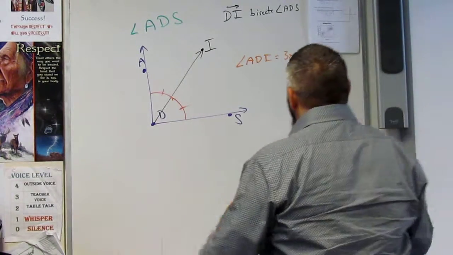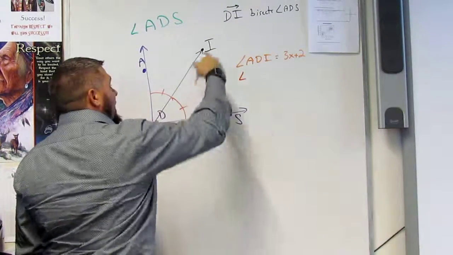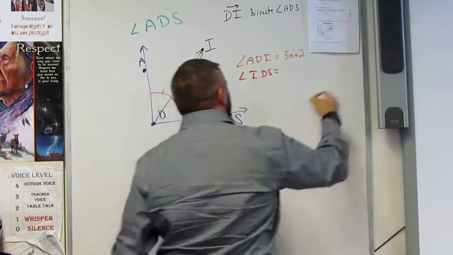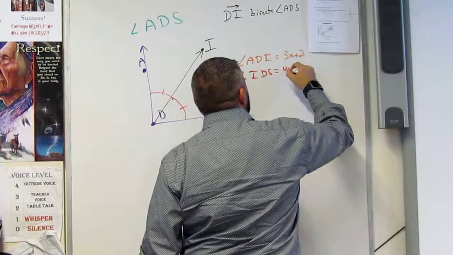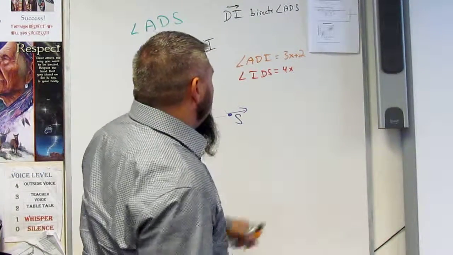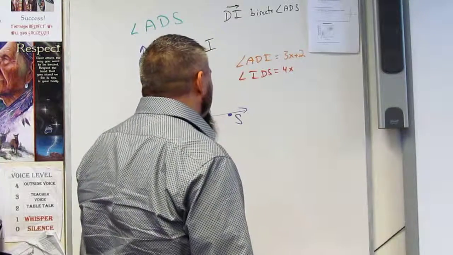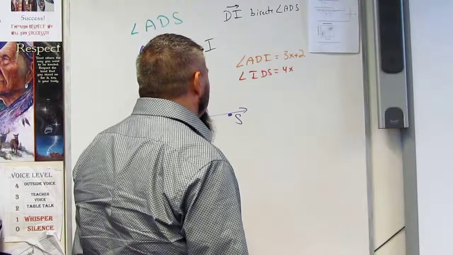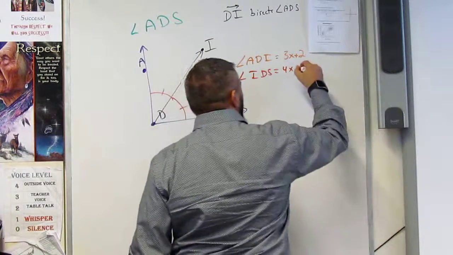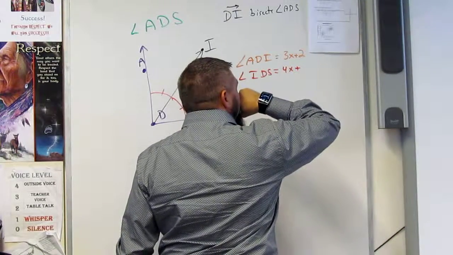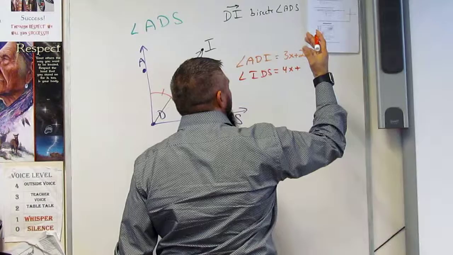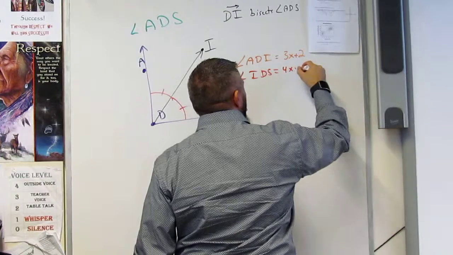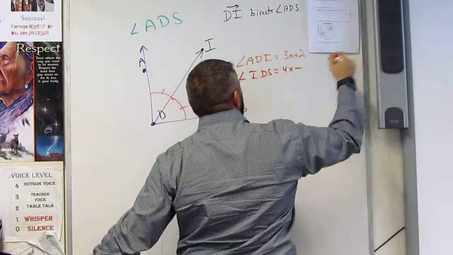And then they'll say angle IDS is equal to, I don't know, 4x minus 10.